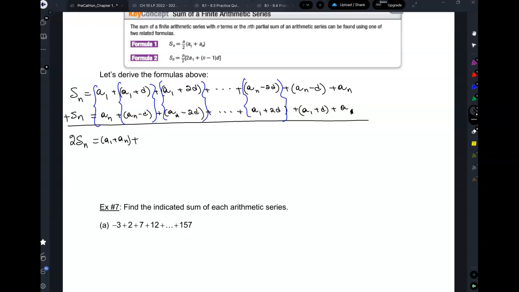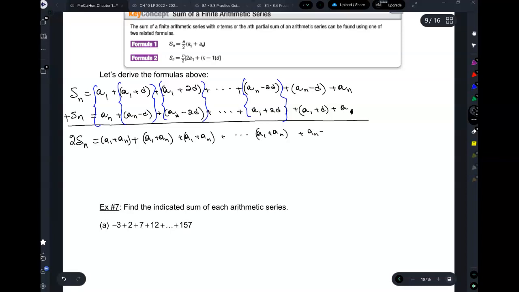What do we get in all of them? A1 plus AN, all the way to the end, right? They're each going to give you A1 plus AN until you get to the end. A1 plus AN again. Okay?